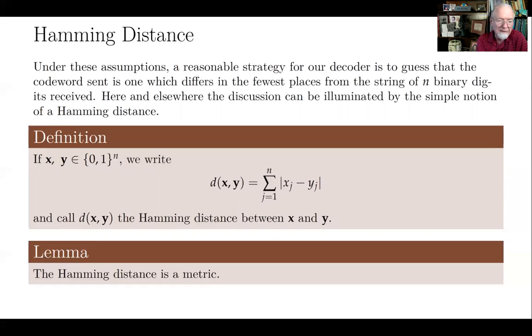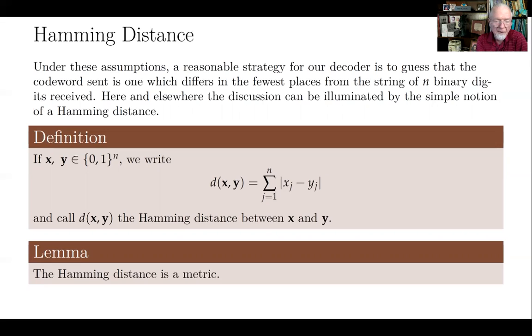So it could be 0, 0, 0 and every combination up to 1, 1, 1 of length N. And the distance between those is, you take all the individual bits of the N in X and Y, and you find the absolute value of the difference between them, sum them, and that's called the Hamming distance.